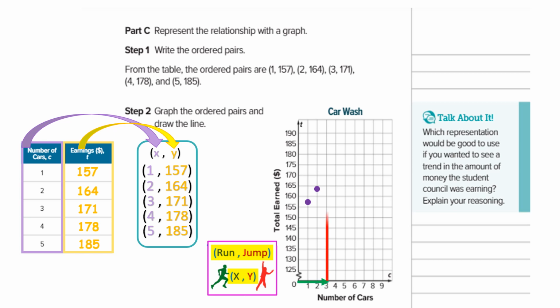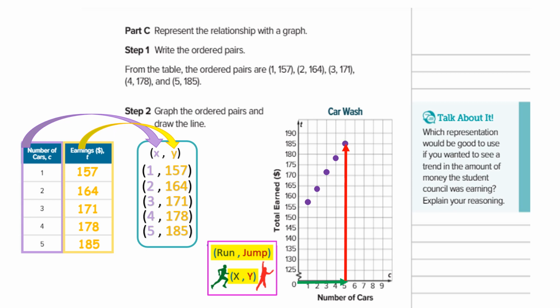I'm going to run forward to the 3, and jump up to 171, right above the 170. My fourth one gives me 4 and 178. So I'm going to start at 0, run forward to the 4, jump up to 178, and put my point. And then my last one that I did is 5 and 185. So I start at 0, I run forward to the 5, I jump up to 185, and I put my point.